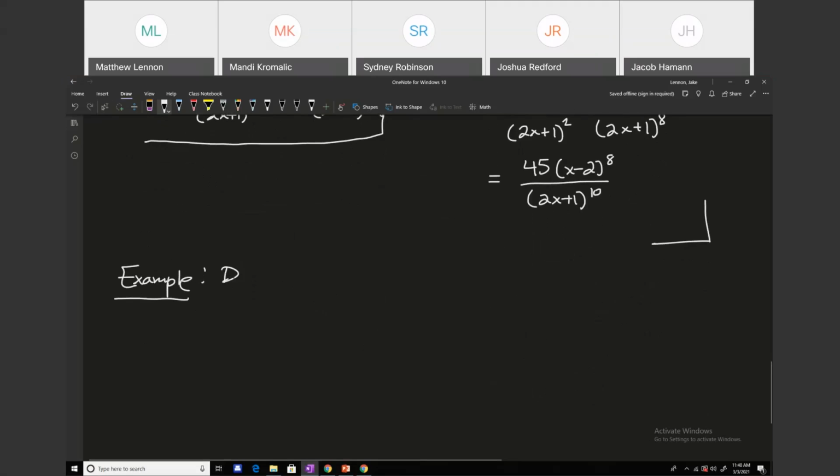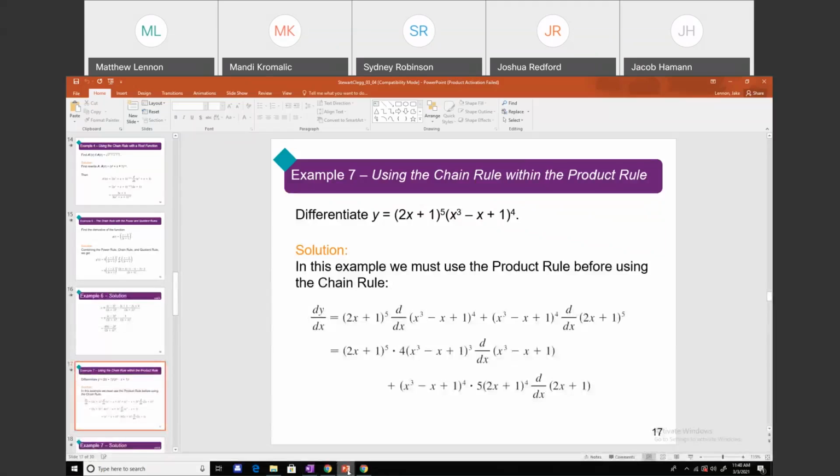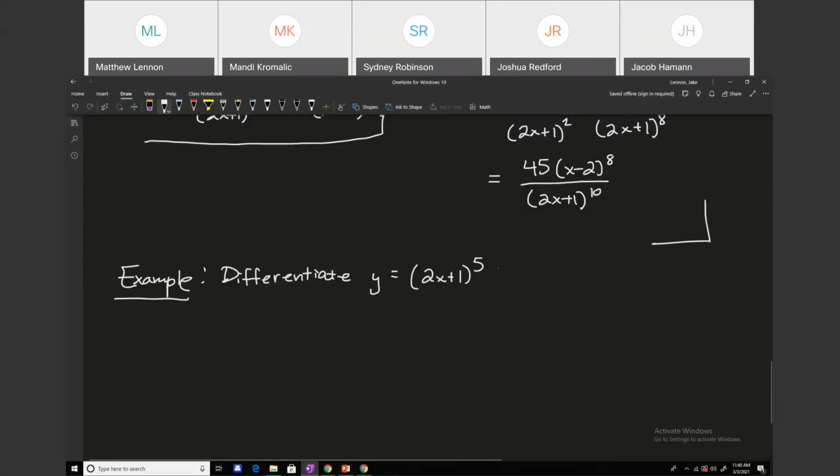So differentiate y equals, was it 2x plus 1 to the fifth, and then x cubed minus x plus 1 to the fourth?